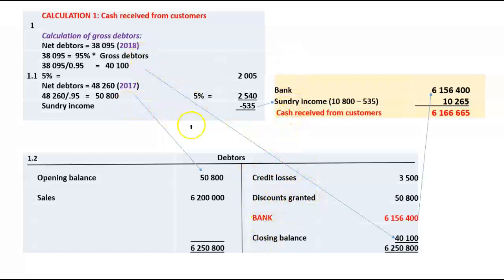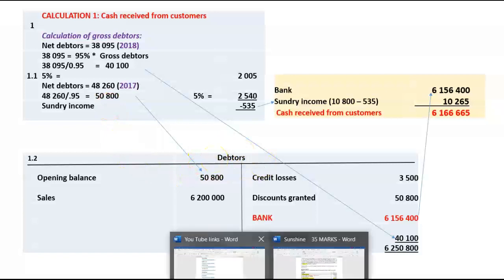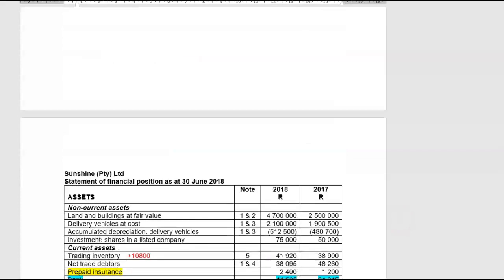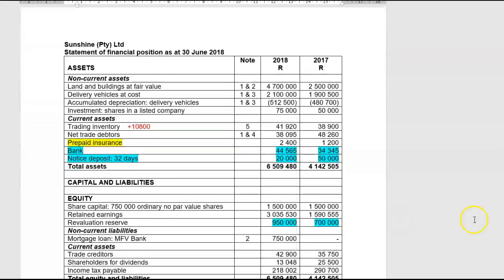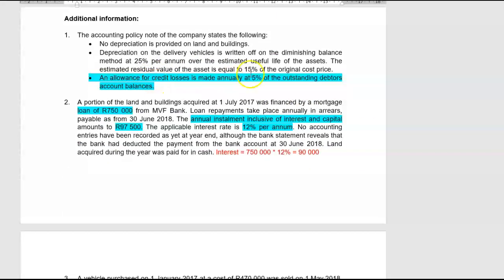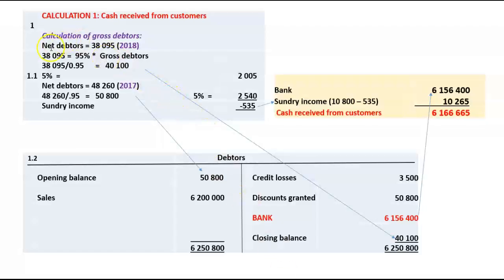But because there is more than one thing happening, I would strongly suggest that you use a T account. The balances that they give you for trade and other receivables in the statement of financial position are after the allowance for credit losses was made of 5% of outstanding debtors. So remember that I have to take out the 5% and gross up the balance to what the balance was before that 5% was deducted.